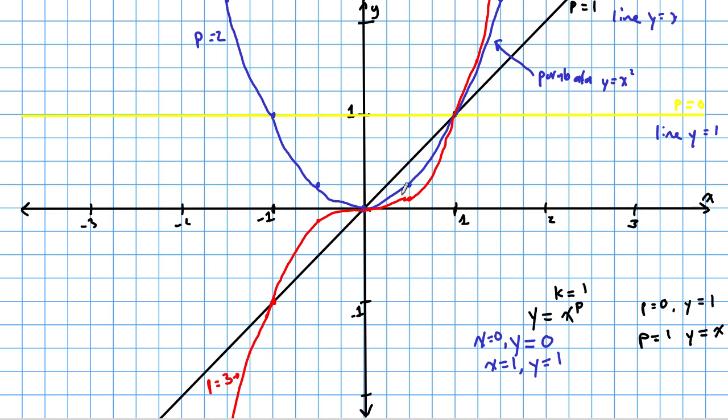What about 4? What happens if we take x to the 4th power? Well, this number will be 1/16, even smaller, closer to the axis here. So hard to do because we're getting kind of small for the computer. It'll go through 1, 1, and it will bend up even more.